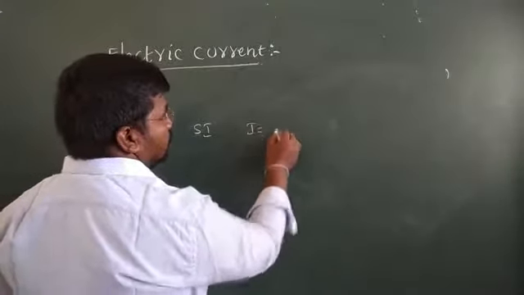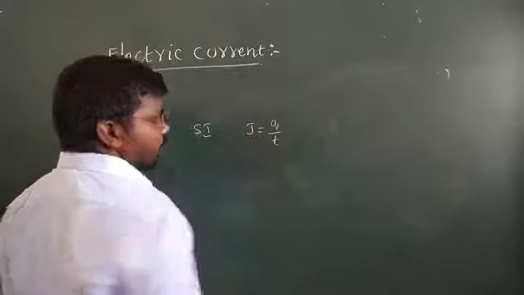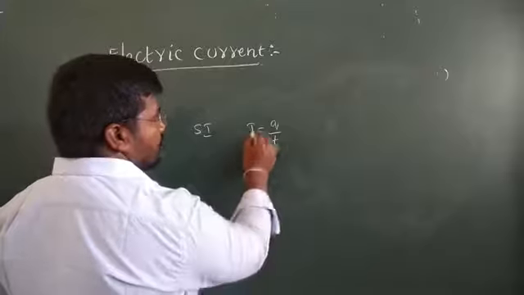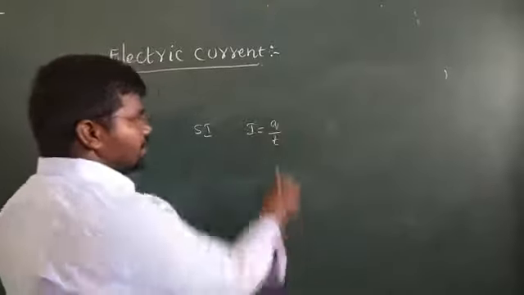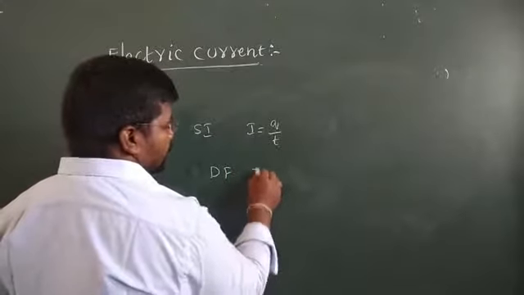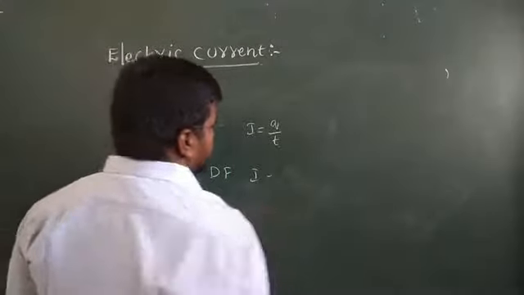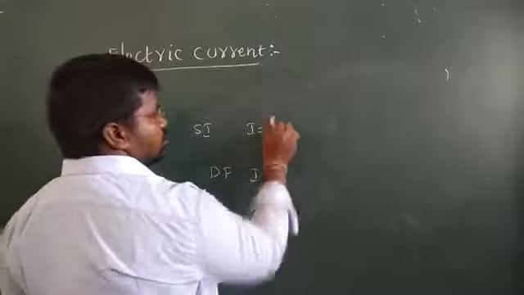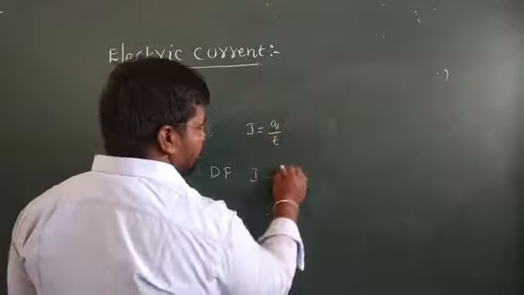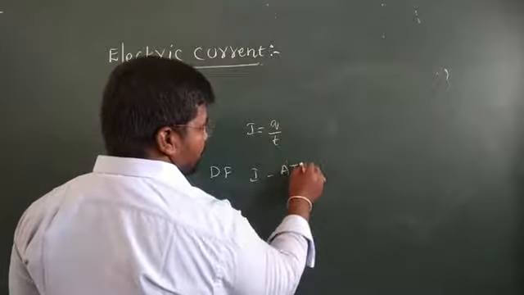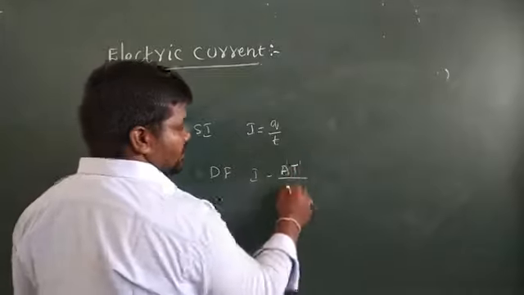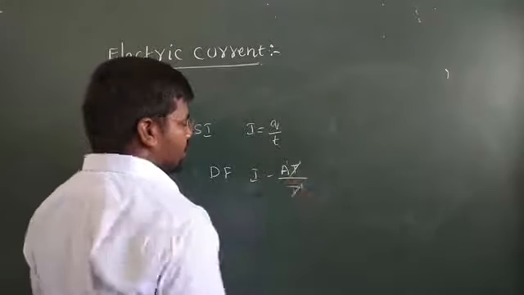Current I is equal to charge per time, I = Q/T. The dimensional formula of charge is A power 1 T power 1, divided by time T. T gets cancelled.